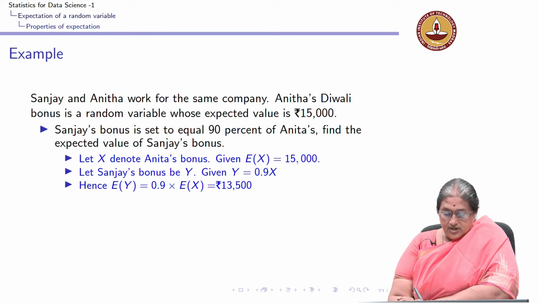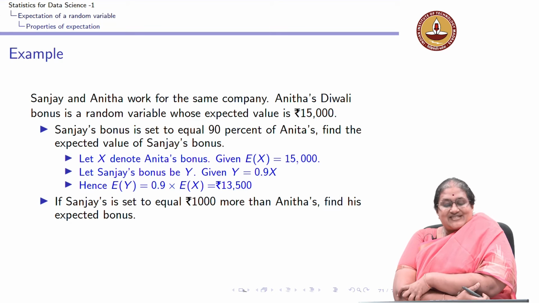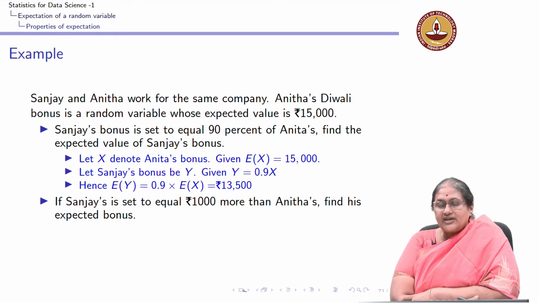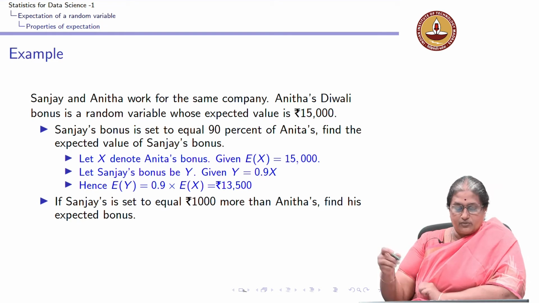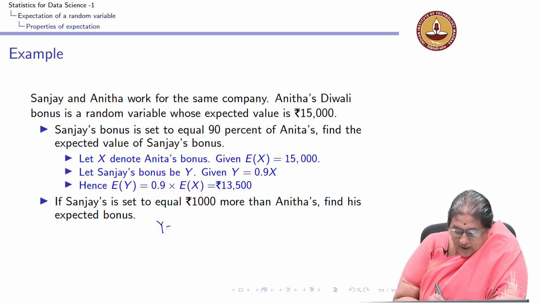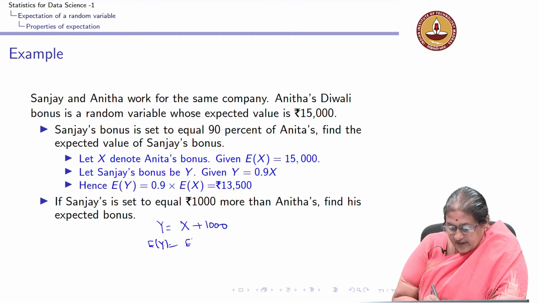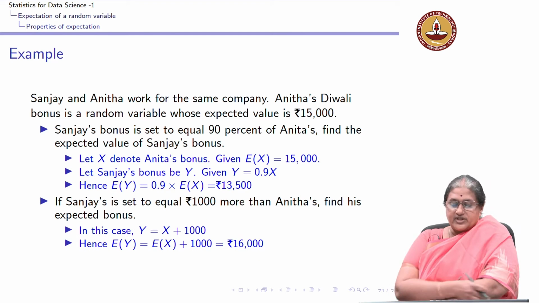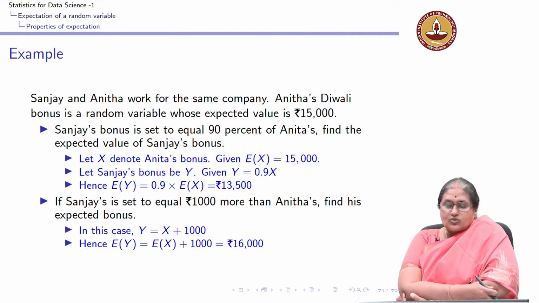So, I can see that the expected value of Sanjay's bonus is 13,500. But suppose Sanjay's bonus is said to be equal to 1,000 rupees more than that of Anita's bonus, then find the expected bonus. So, in this case I have y is x plus 1,000. So, expectation of y is going to be expected value of x plus 1,000. I already know expected x is 15,000. I add 1,000, hence the expected value of Sanjay's bonus is going to be 16,000 rupees.